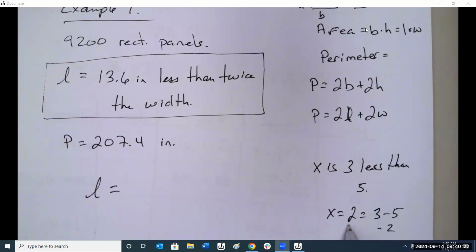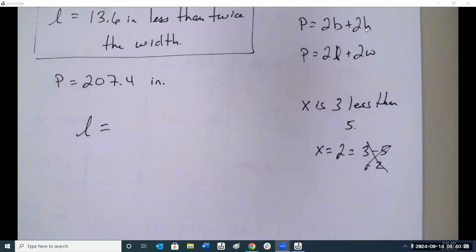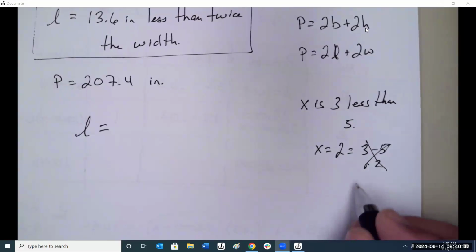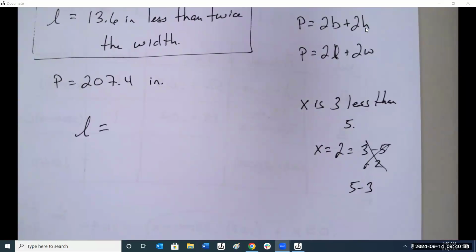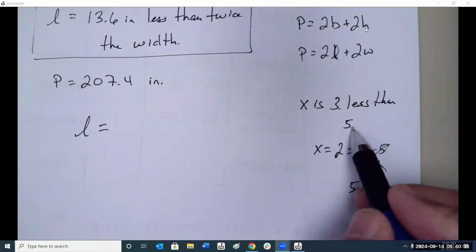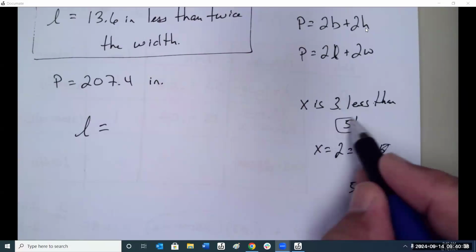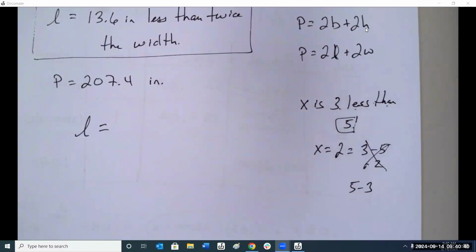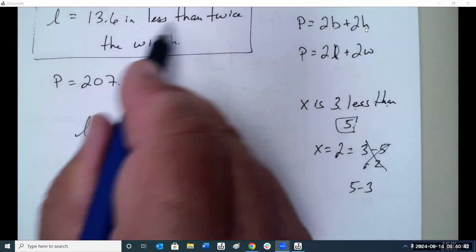Is that what you got? So that's not right. How else could you do it? 5 minus 3. So if it's 3 less than 5, that means it's the bigger number minus 3. That's what this is going to be.